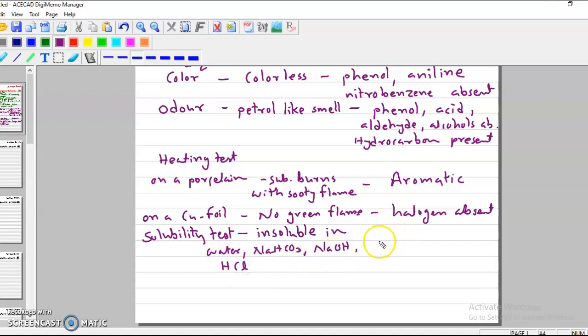It is insoluble. So the given compound is neutral and is not an acid, phenol or base.